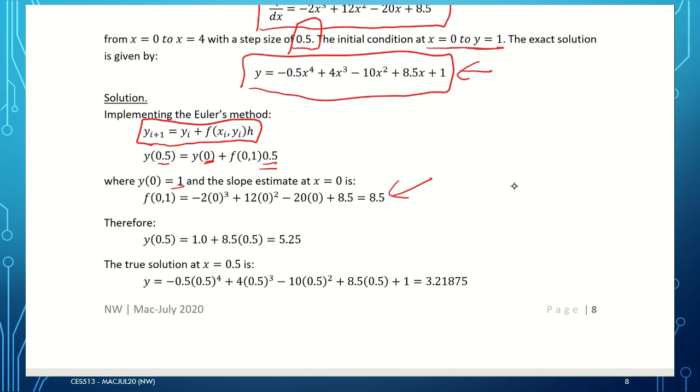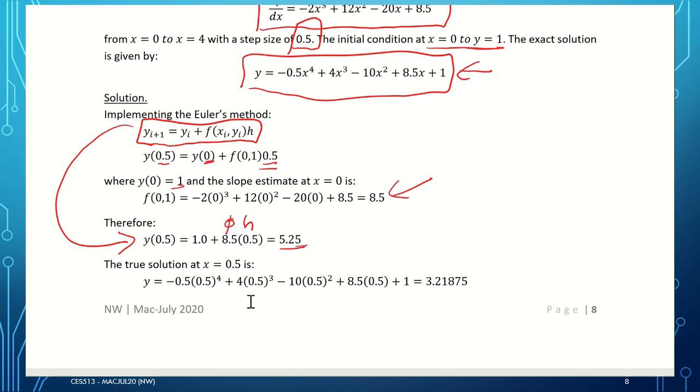Therefore, the general equation becomes y at 0.5 equals 1.0 plus 8.5 multiplied by 0.5. This is the h, and this is the slope. That is the value for the estimation.